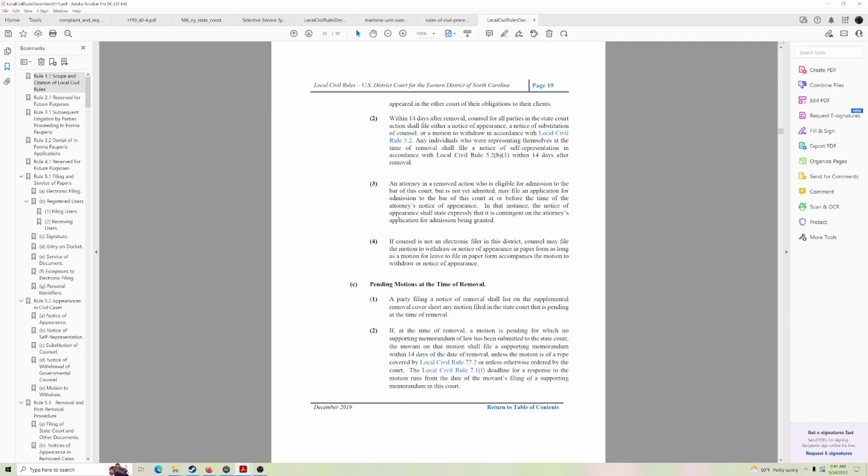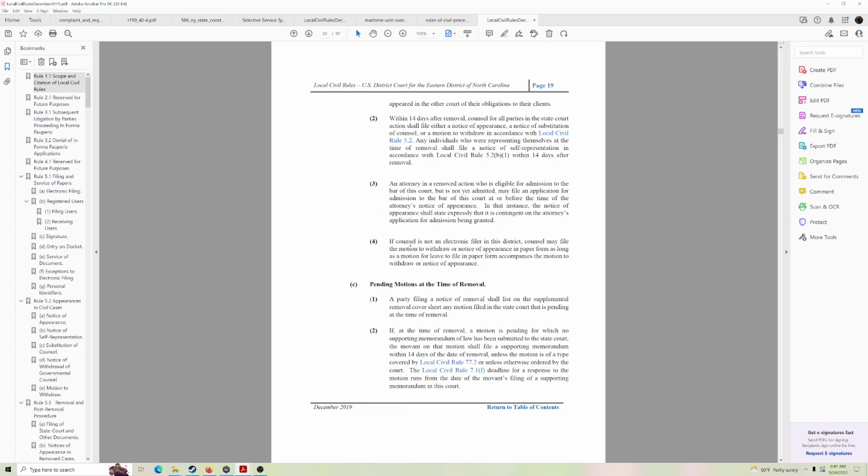If counsel is not an electronic filer in the district, counsel may file the motion to withdraw or notice of appearance in paper form as long as the motion for leave to file in paper form accompanies the motion to withdraw or notice of appearance.